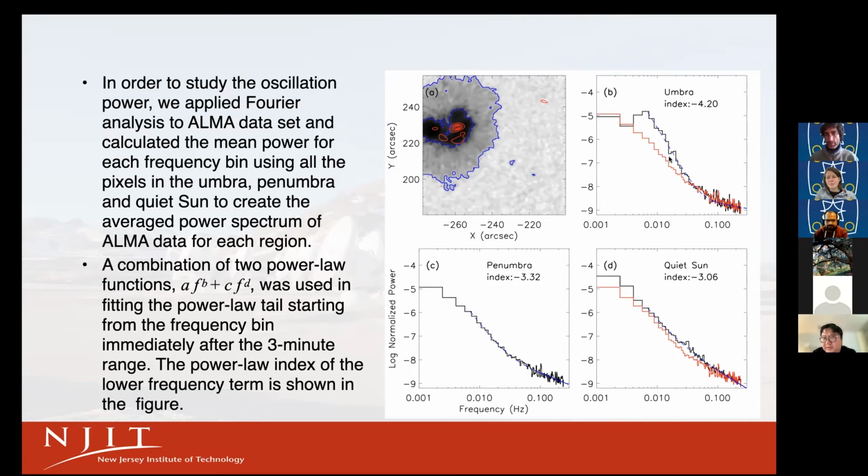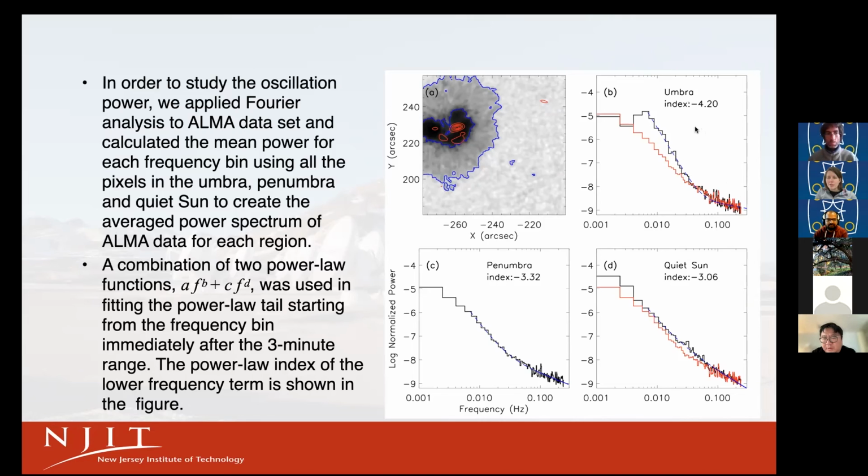So in that sense, we only want to find the index just after this 3-minute oscillation, and it is believed to be related to the energy distribution of the turbulence.